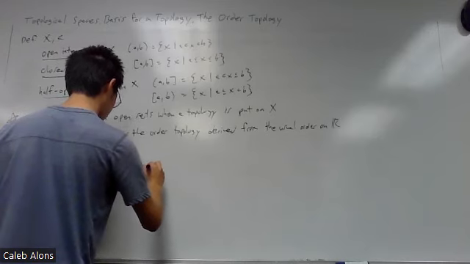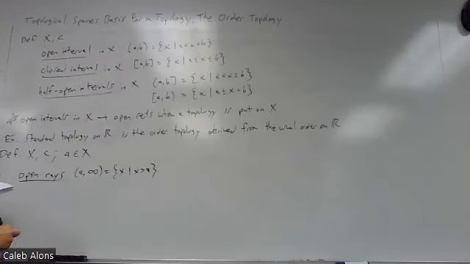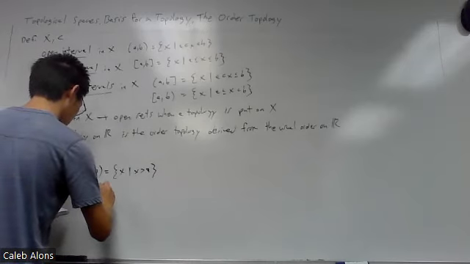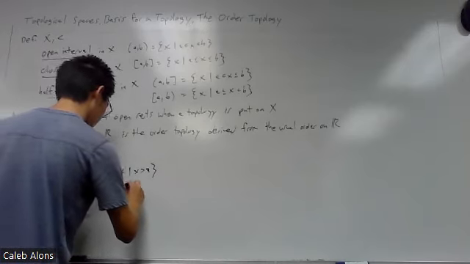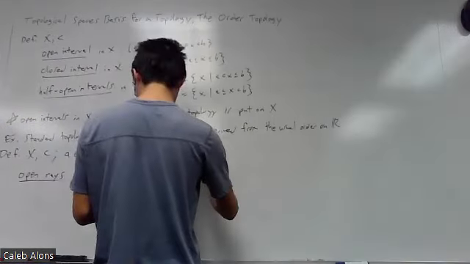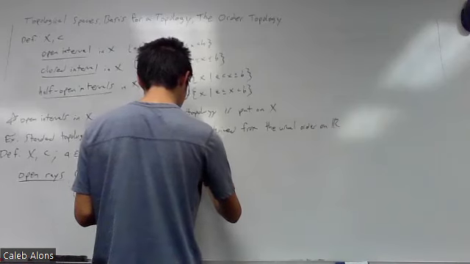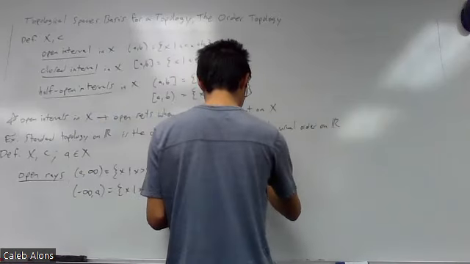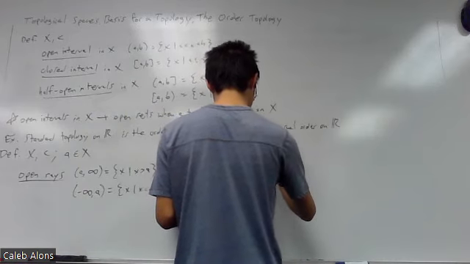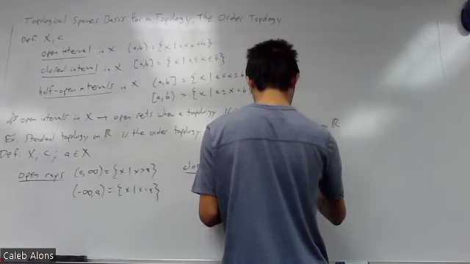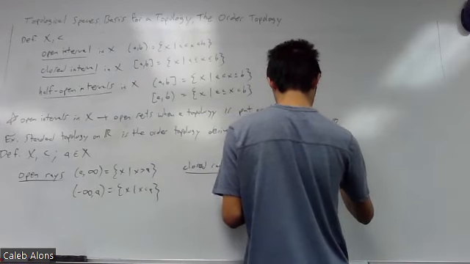So whatever is greater than your element, and also the other direction, whatever is less than. And then the closed rays. What it sounds like, you just fill in the dot on the real line, or if this is an abstract ordering, it still works as long as you include the element a.